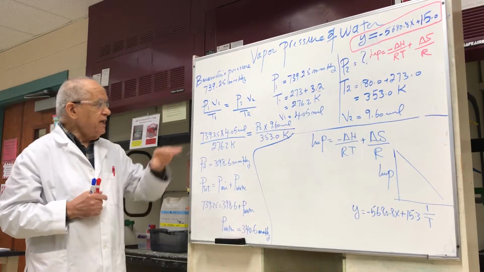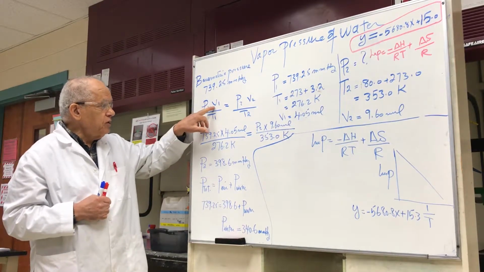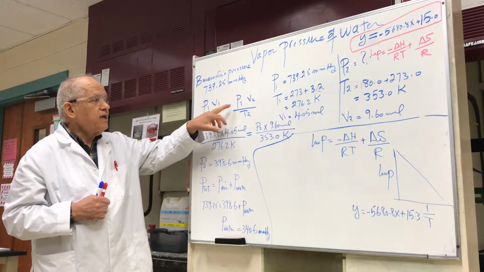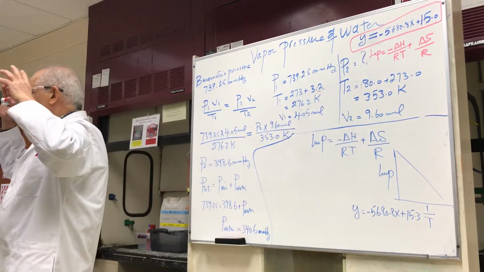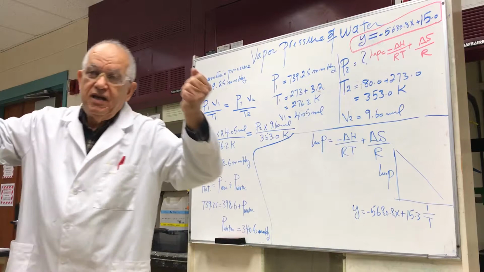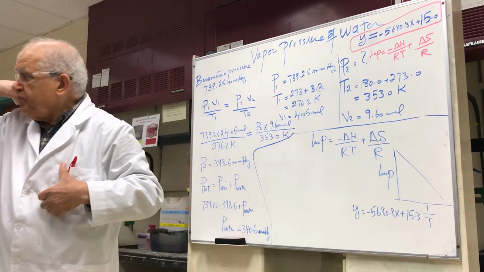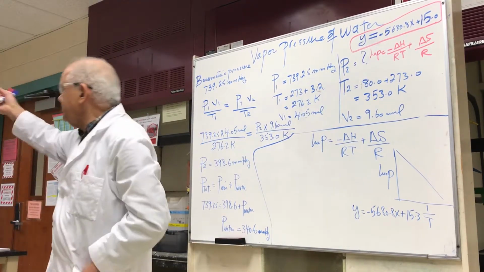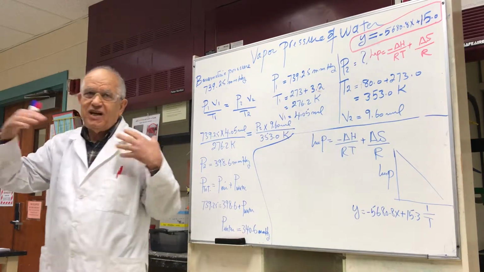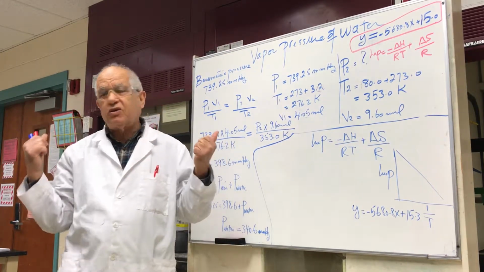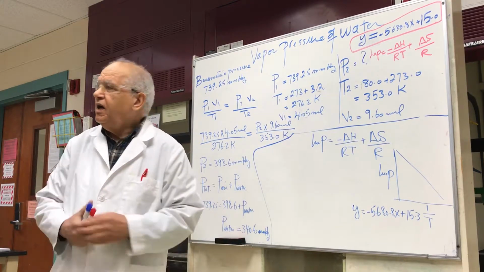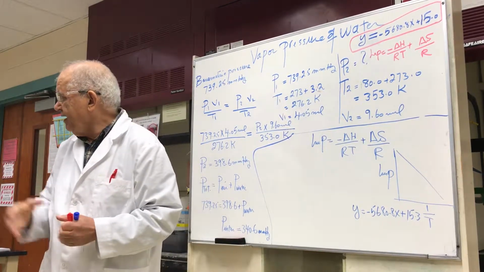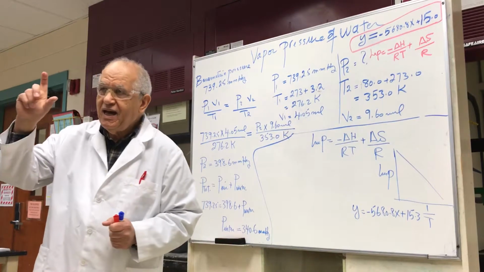So we're going to apply P1 V1 over T1 equal P2 V2 over T2. If we determine the pressure of the air at different temperatures, then we can subtract that from the total, which is the barometric pressure, and that will give us the vapor pressure of water. Okay? Got the idea?